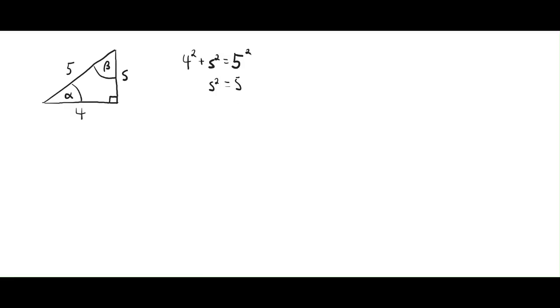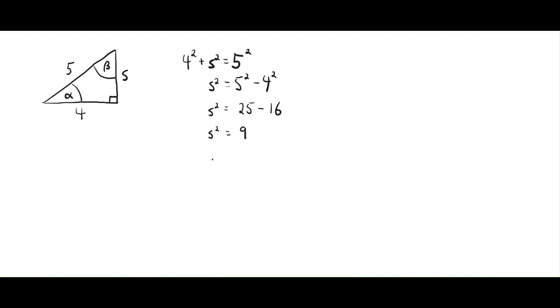We subtract 4 squared from both sides. So when we subtract 4 squared, it disappears from here and shows up on the other side with the minus sign. I could have found what the squares are first, or I could do it now. It doesn't really matter what order we do those in. Let's find what 5 squared and 4 squared is. So we have 25 minus 16, which is just 9.